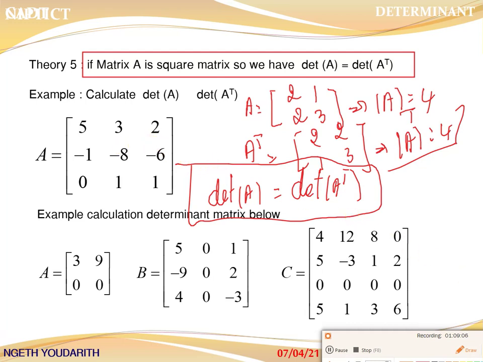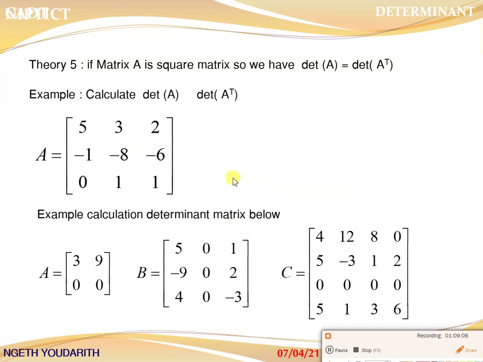So we get about the determinant of A. This one, determinant of A is equal to minus 9.